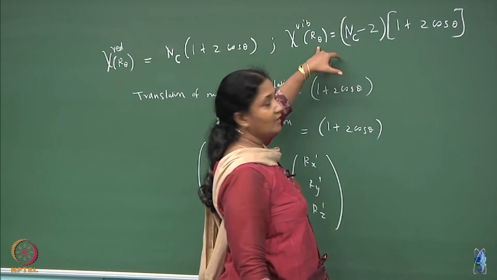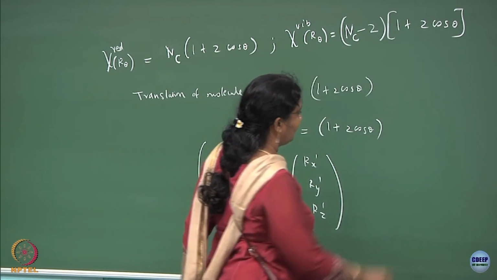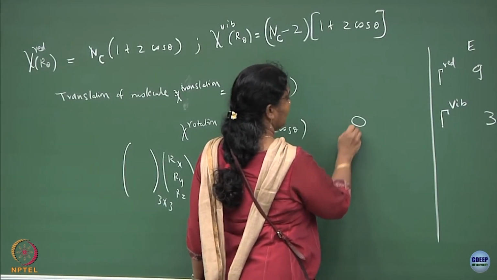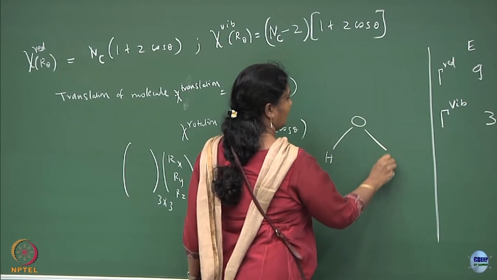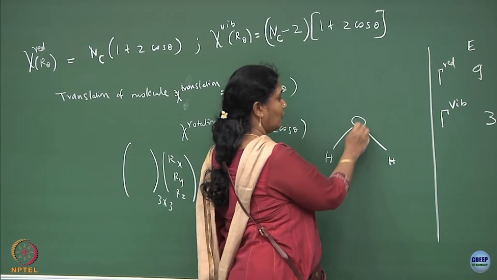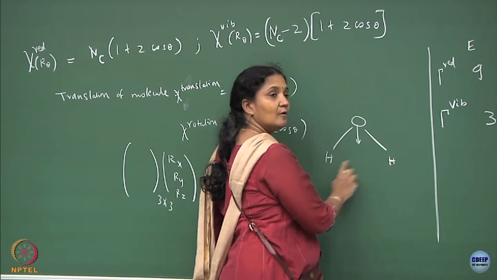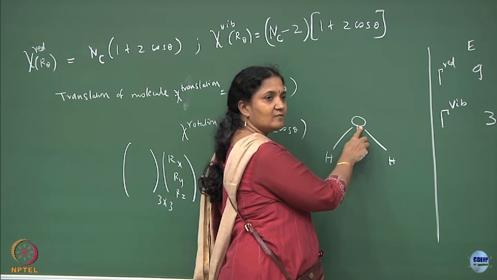When you do a theta rotation on the H2O molecule, oxygen, hydrogen, hydrogen, when you do a C2 rotation about z axis, these two get displaced; only 1 atom is undisplaced.